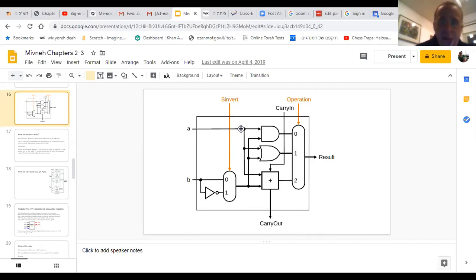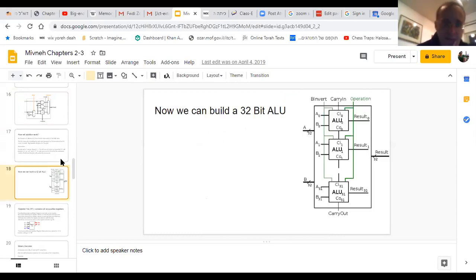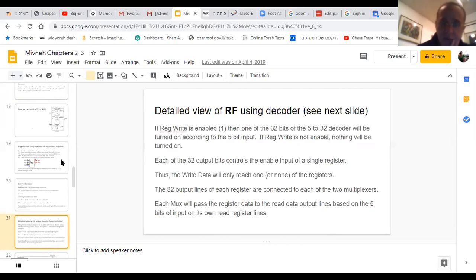That line is actually forking. It's going in 2 different directions, the same electricity. You can imagine, if this A was actually 32 lines, then there'd be 32 lines going this way, and another 32 lines going this way, and they'd all have the same data. So that's what's going on in this picture.